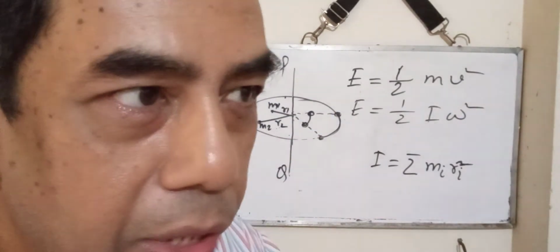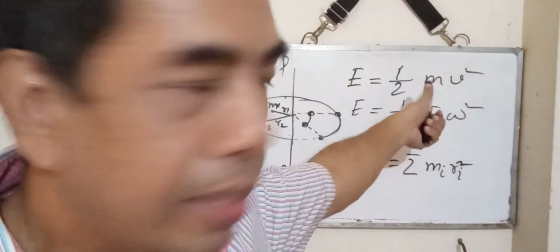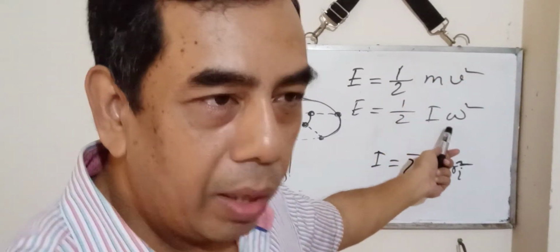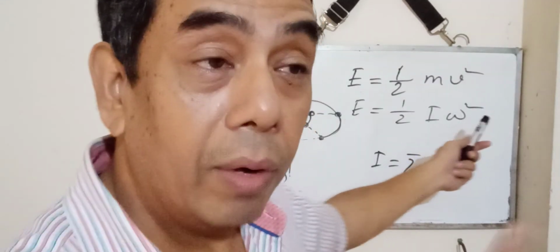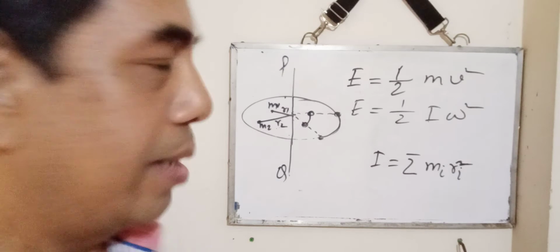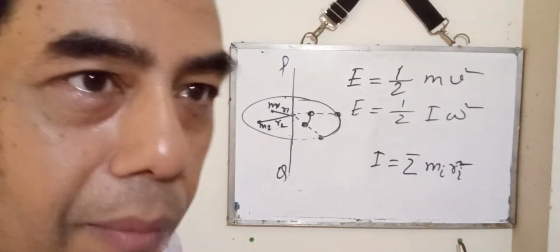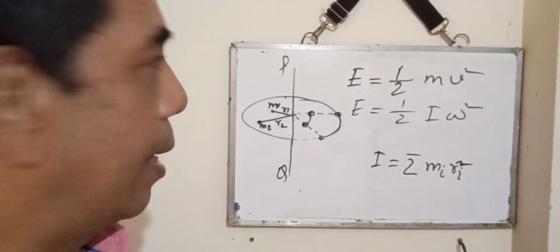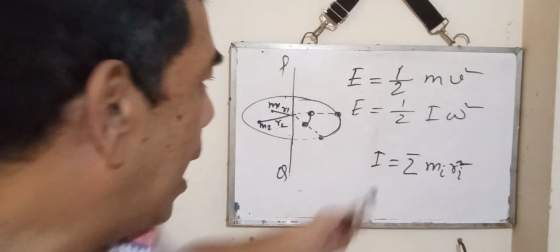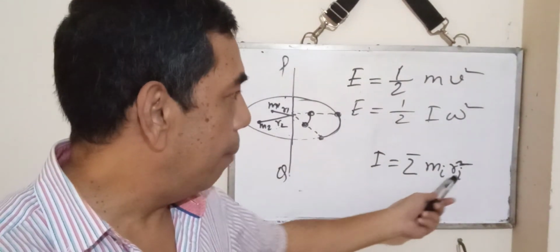For linear motion, the velocity is linear velocity and the mass is linear mass. For angular movement, the velocity is angular velocity and the mass is angular mass. I means angular or rotational mass. I equals summation m r square.